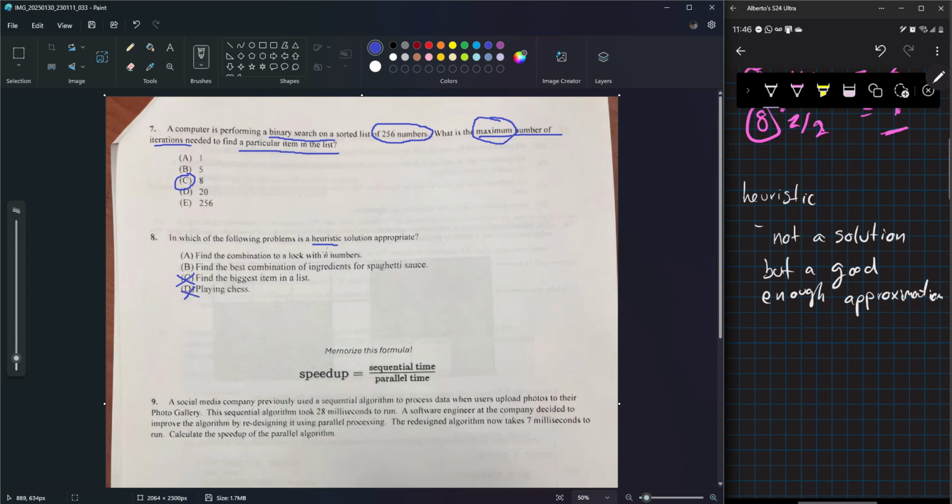Combination. So having n amount of numbers places a limit on how many combinations there can be. The best combination of ingredients, though, how many ingredients are there for spaghetti sauce? There's a lot.